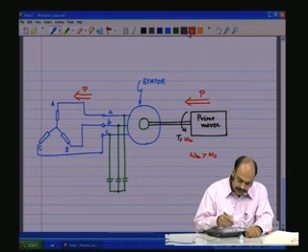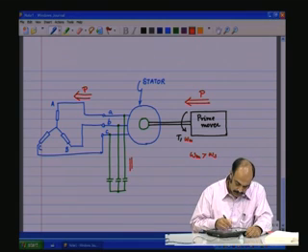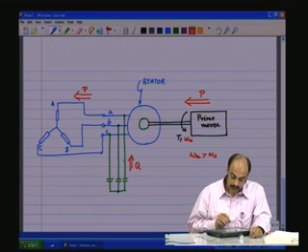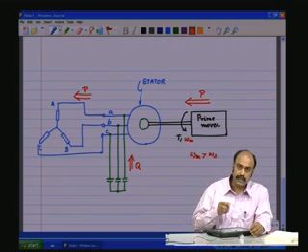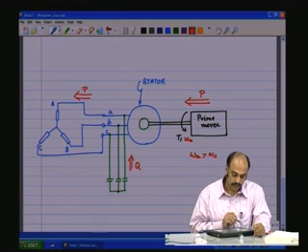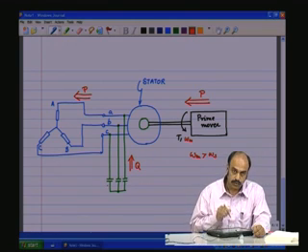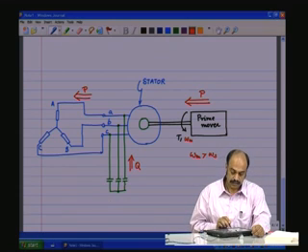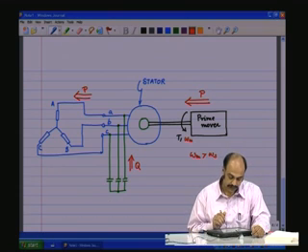So the reactive energy, Q, will be stored and supplied by the capacitance. So if an induction motor is to supply a standalone load, in such conditions you have to put capacitors like this to supply the reactive energy.